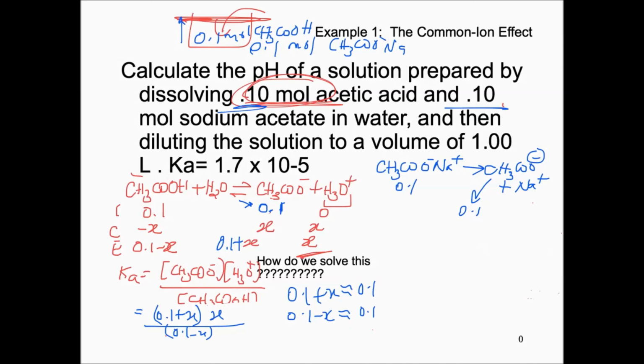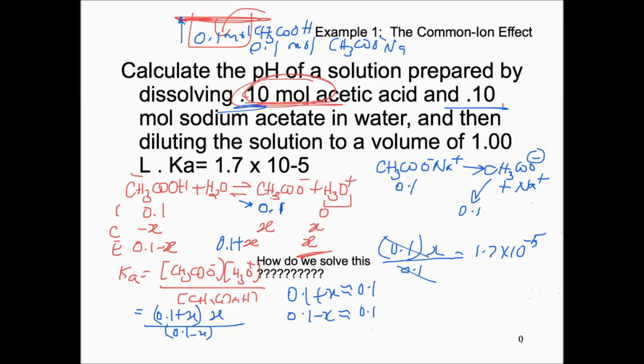And you can say that your equation boils down to 0.1 times x divided by 0.1 equal to 1.7 times 10 to the power of negative 5.